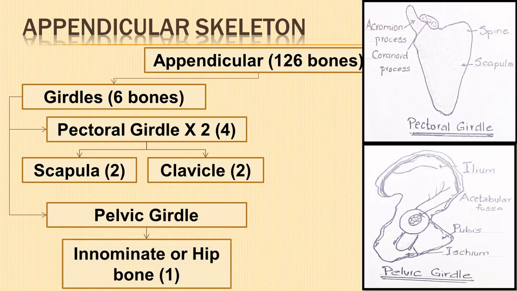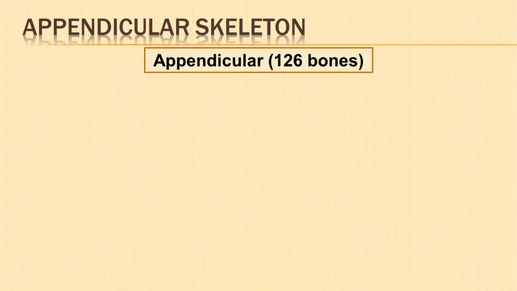Pelvic girdle is formed by the fusion of 3 bones: ilium, pubis and ischium. A deep hemispherical socket, the acetabulum, is present, which articulates with the head of the femur by a ball and socket joint. Bones of upper limb.